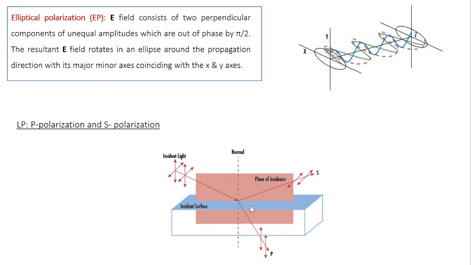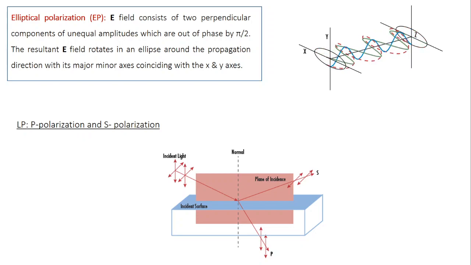It is incident on a surface indicated by this blue surface, and a part of it gets reflected and a part of it gets transmitted or refracted. Now S polarization refers to the light where the electric field is parallel to the incident surface. And P polarized light refers to light where the electric field is perpendicular to the incident surface. So this is the definition of P polarization and S polarization.